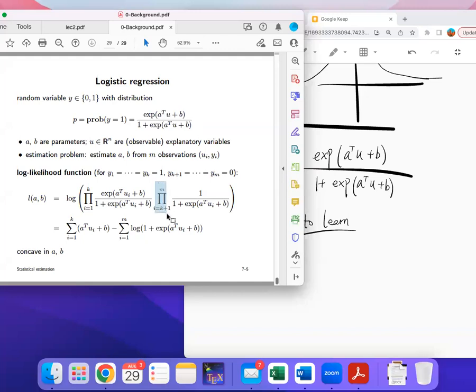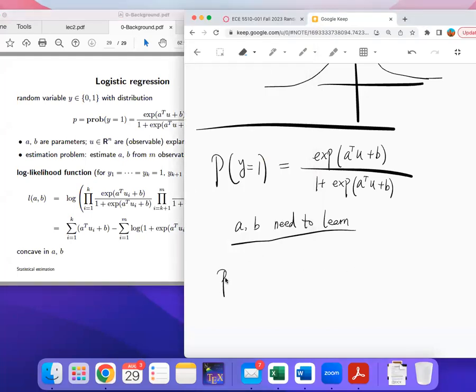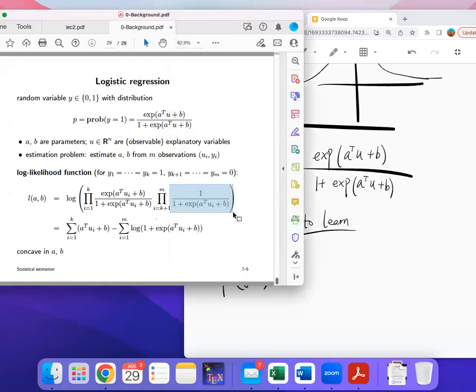And for the rest of the patients, this is from K plus 1 to m. For these patients, their label is 0. Because Y equals 1 follows this distribution, we can infer that Y equals 0 follows this one. It's just 1 minus this one.